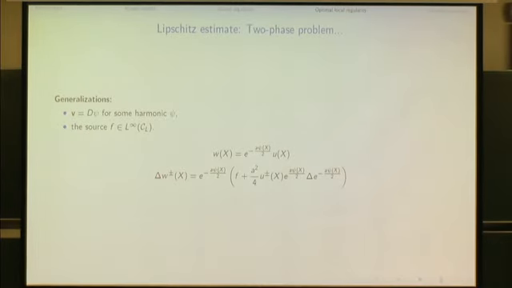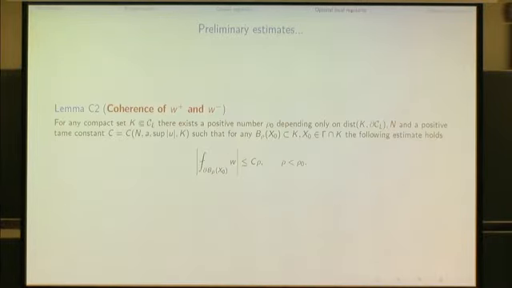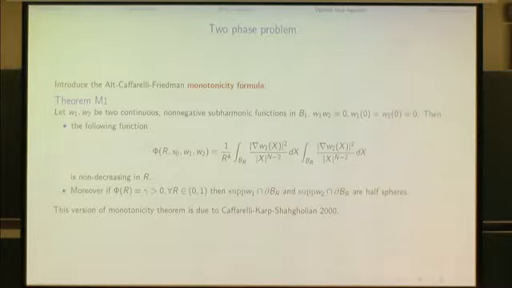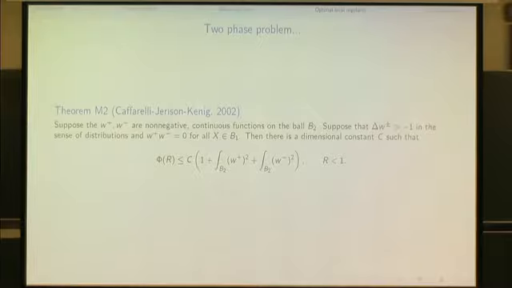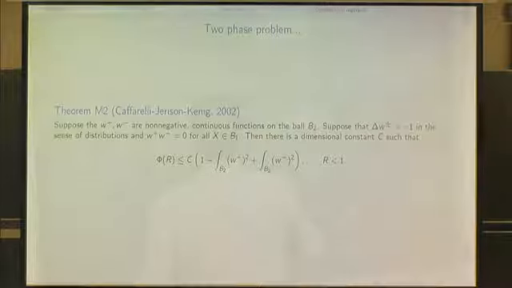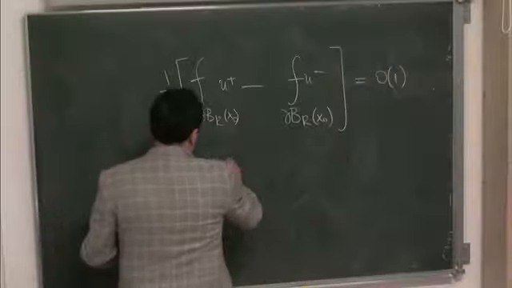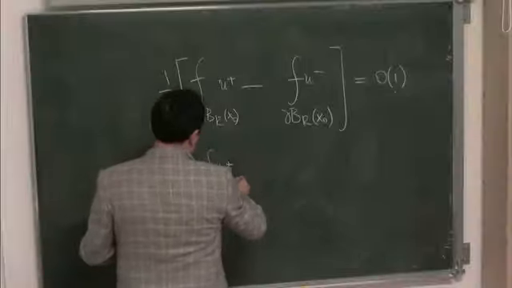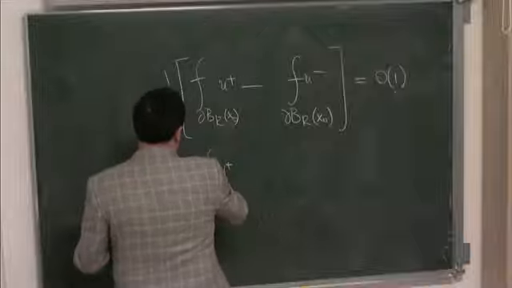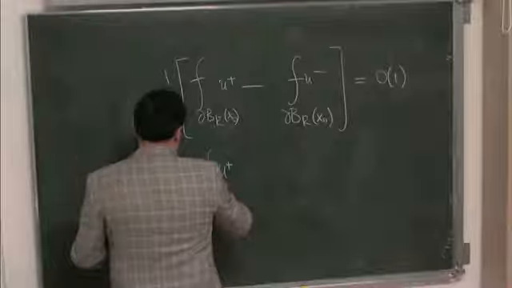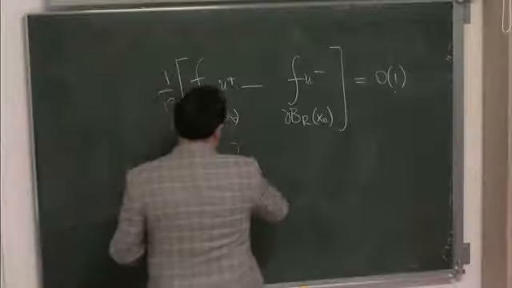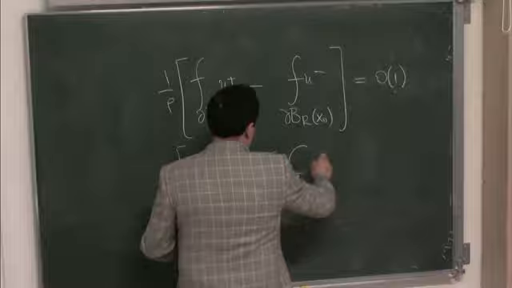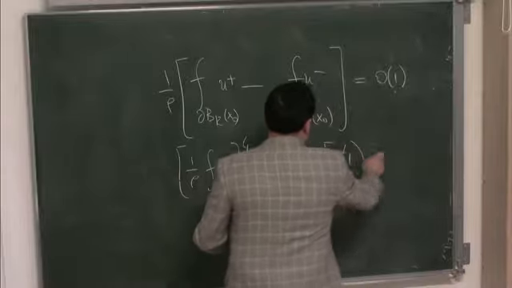Therefore, the conclusion is that the conditions of the monotonicity theorem, M1 and also M2, are satisfied, and that gives you the following estimate: this mean value integral, 1 over rho to the power 4, is bounded by some constant and then phi 1.